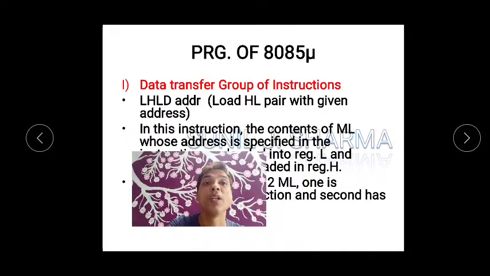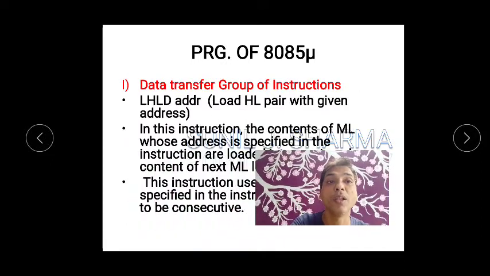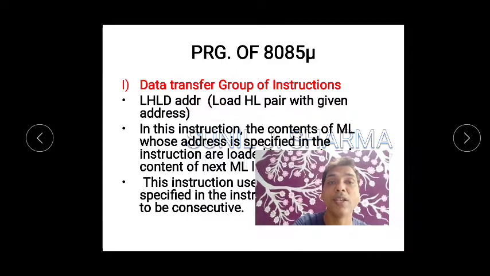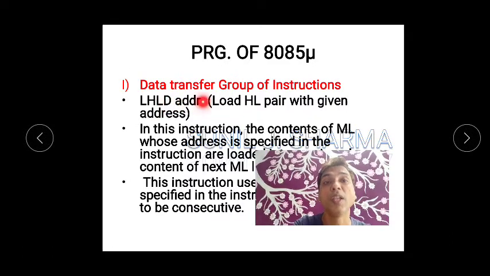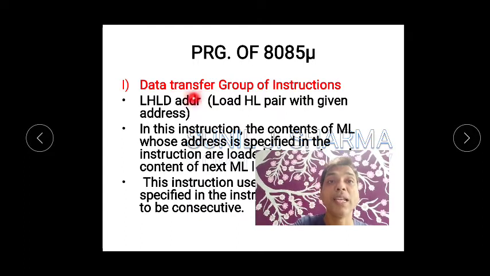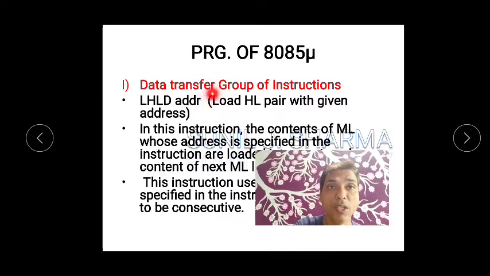Okay. Now we will go with the last two instructions, LHLD. These are very tricky instructions and a little bit confusing, so please pay attention. LHLD: load H and L, the HL pair, with the given address. Can you see here the address is there?